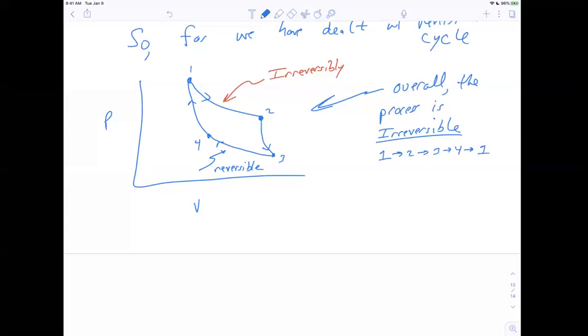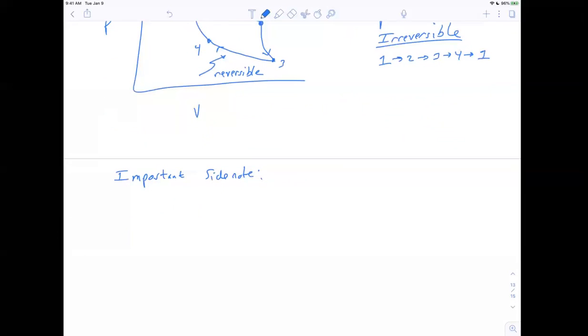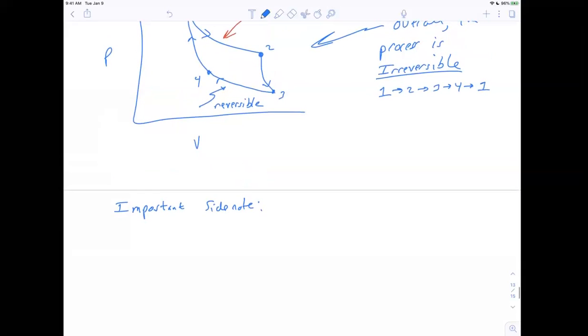Okay. All right, so now we're going to analyze this and compare it to the case where we had reversible steps all throughout the cycle. And so for this, we're going to have to first figure out what the relationship between Q irreversible and Q reversible is. And so here's an important side note. Let's consider a cycle or a process. We can consider any given process.